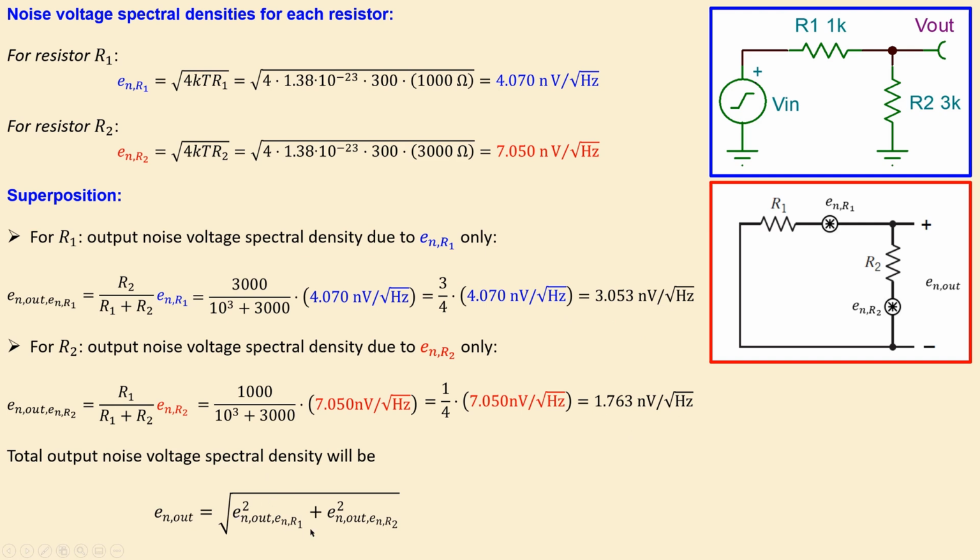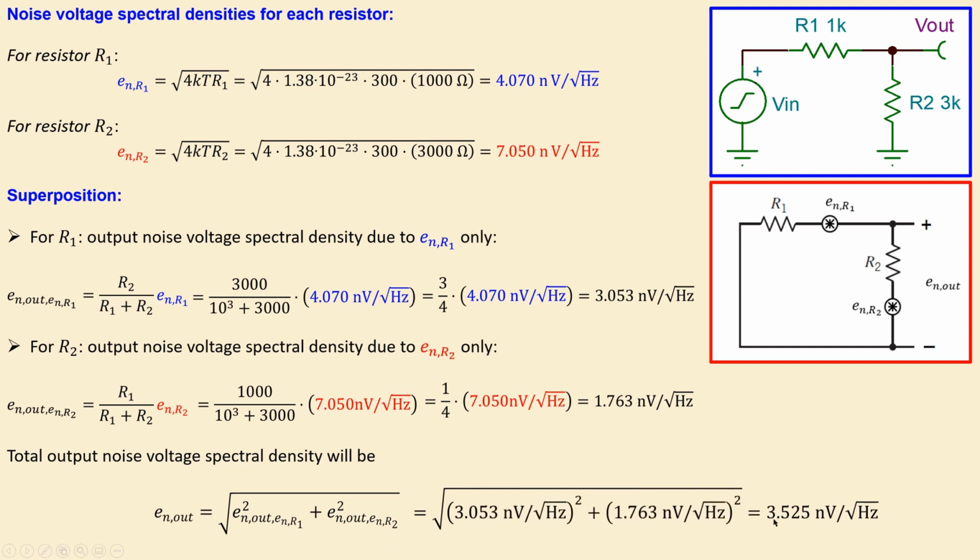So you will have the square of each term plus, and then root of these, and you will have the following expression, and that will be approximately 3.525 nanovolts per root hertz. So that is what you now have for your output noise voltage spectral density.